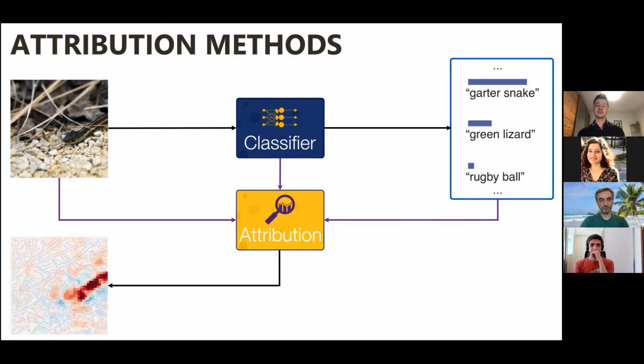Basically it assigns an importance to each of the pixels in the image in this case, but you can also do the same for the internal nodes in your network, so you can understand how much each node is contributing to the output.